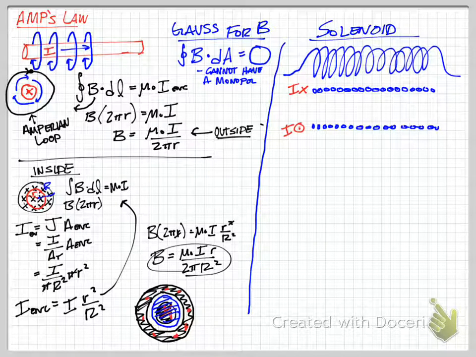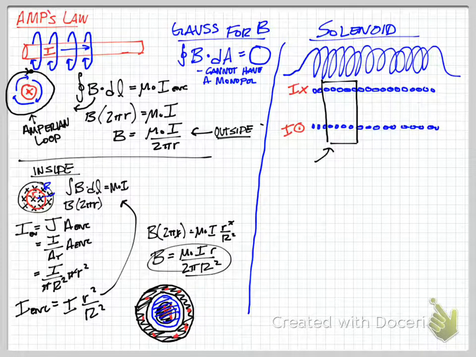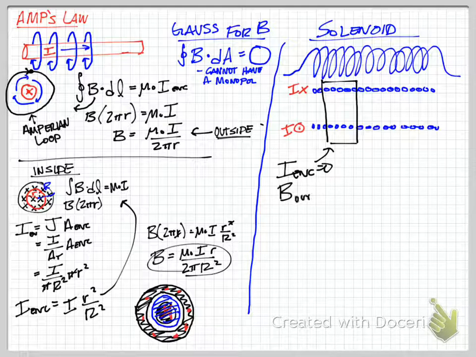So, in this case, for our Amperian loop, if we do a loop that encloses both the inside and the outside, we see from that part of the loop that the enclosed current is 0, telling me that the magnetic field outside of my solenoid is 0 because I'm enclosing 0 current.